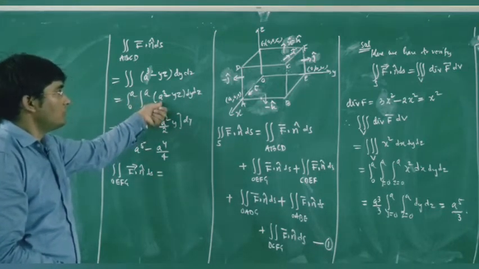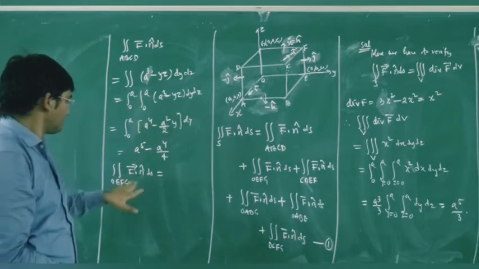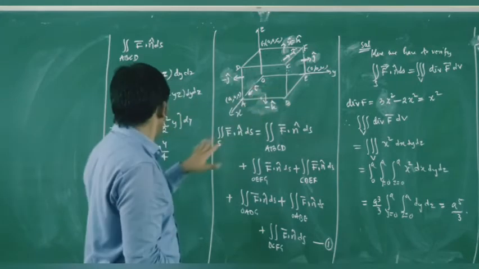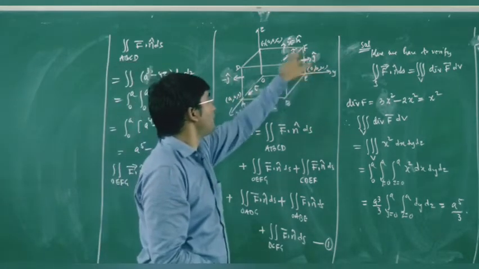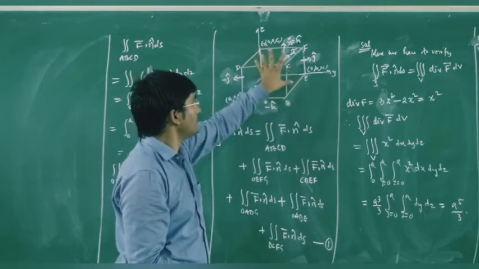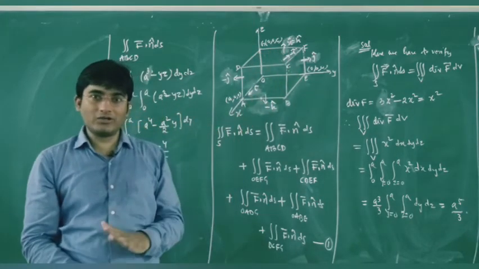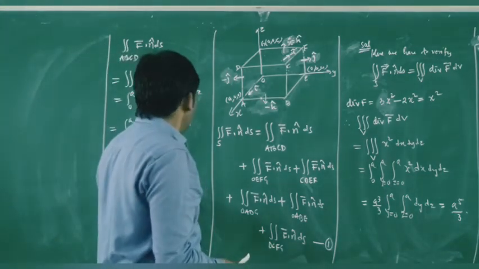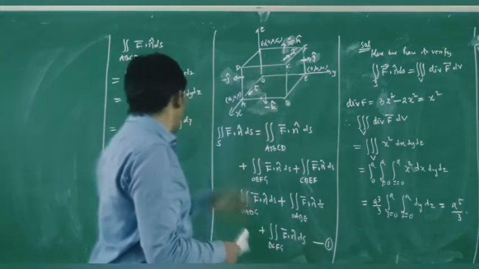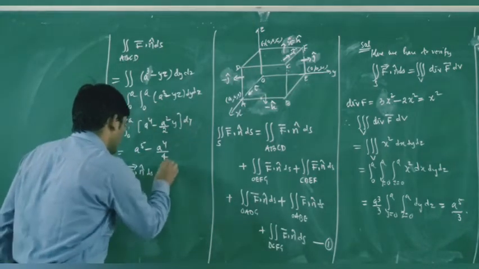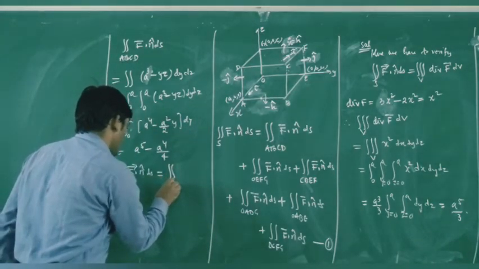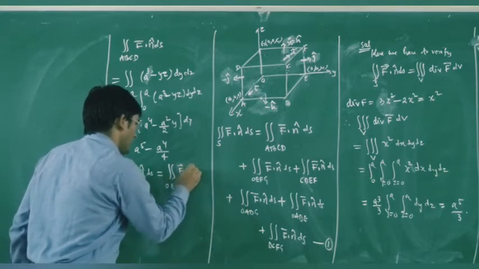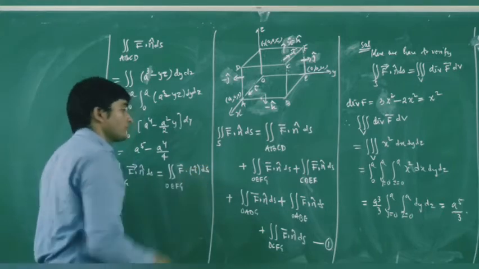For f dot n ds, this is your OEFG, which is in the yz plane. So for that we have x equal to 0. Now as your x is 0, your outward normal is minus i, so this is f dot minus i into ds.